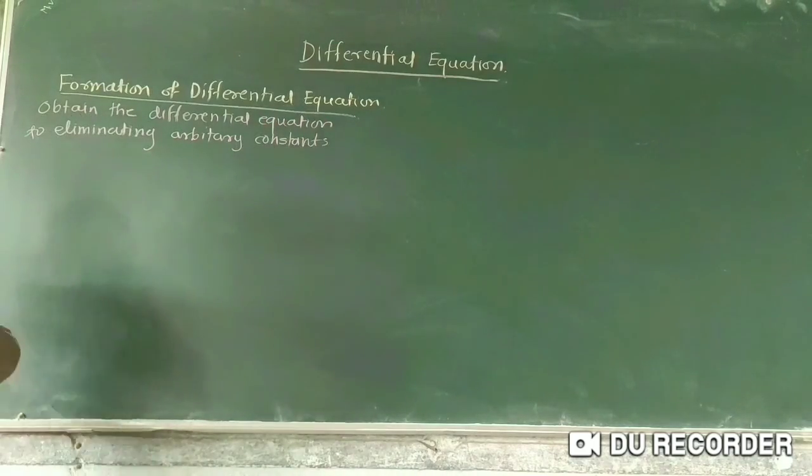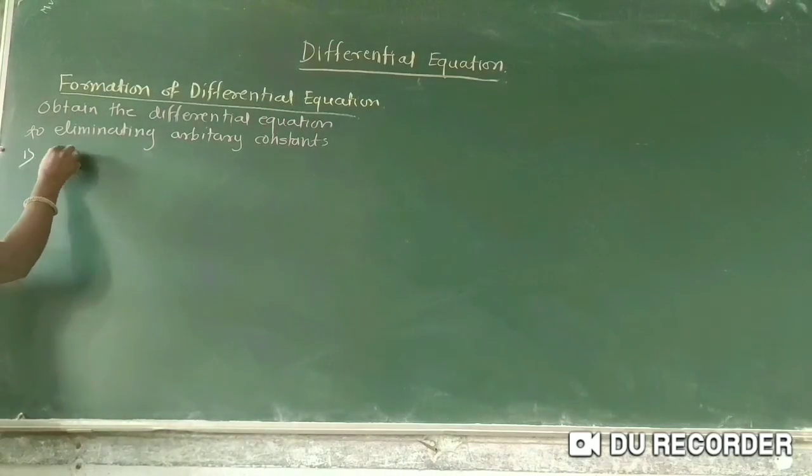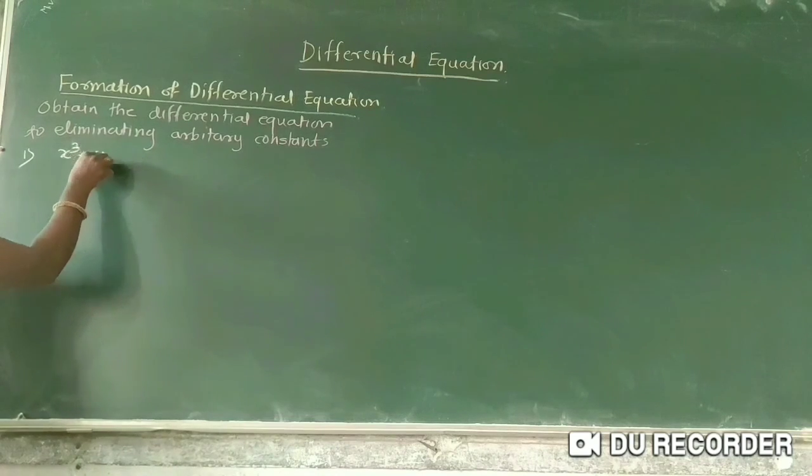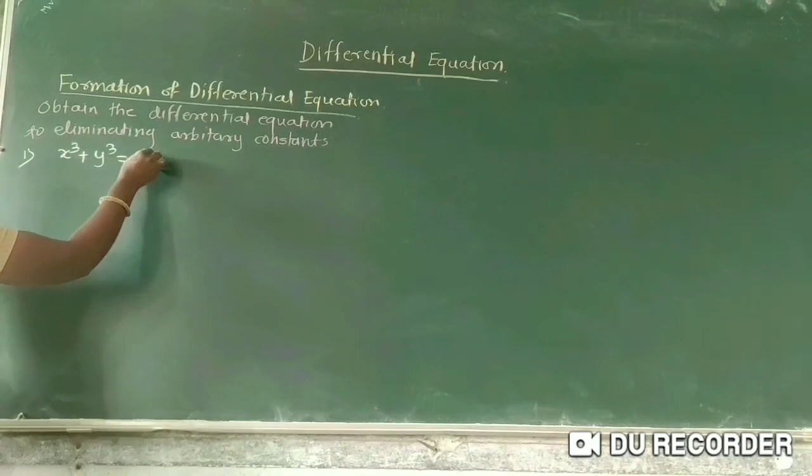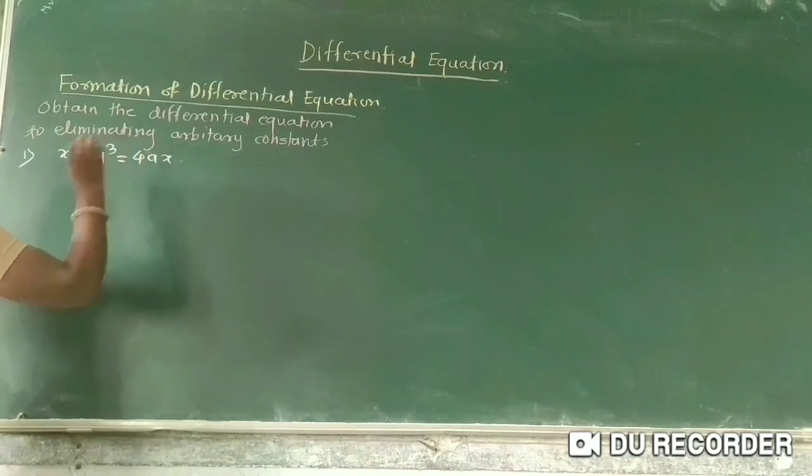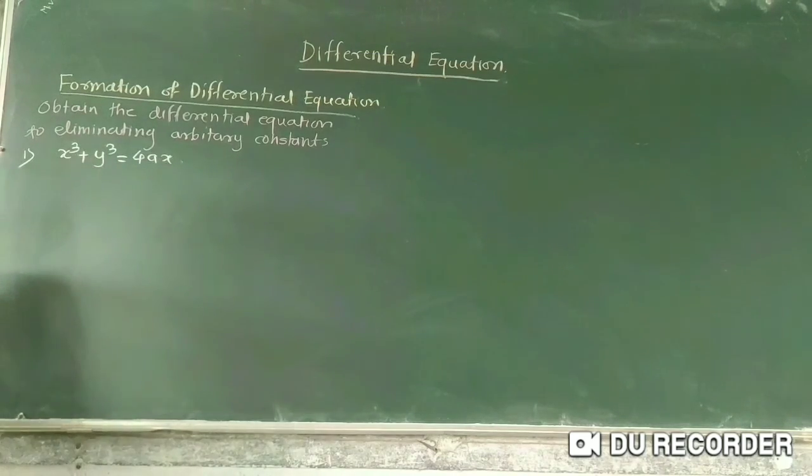First example is x cube plus y cube equal to 4ax. This is the first example.